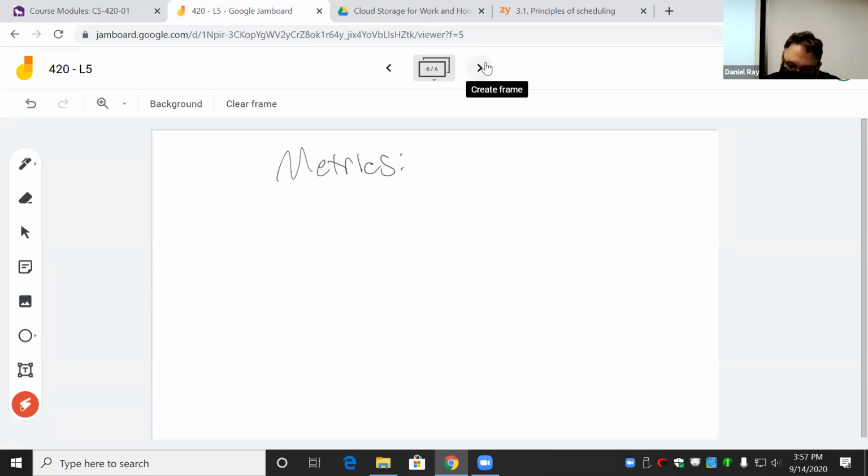We can look strictly at its turnaround time. And that's what I was talking about before. The total of CPU time and ready list plus wait list time.